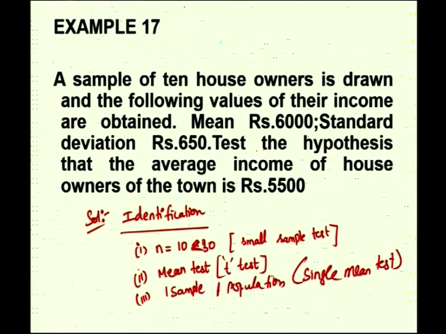So, step 1 is setting up H naught: mu is equal to 5500, that is the population mean value. Test the hypothesis that the average income of house owners of the town, which is considered as the population, is given to be 5500.